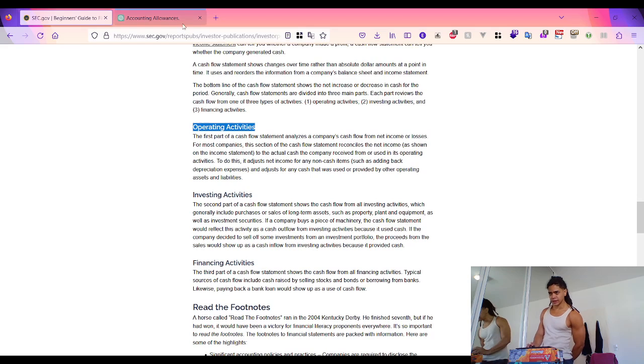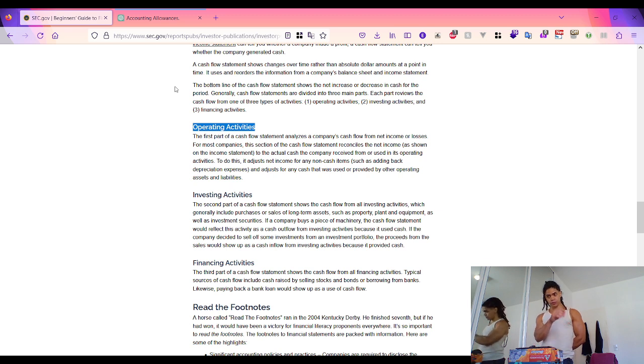Okay, so operating activities. The first part of the cash flow statement analyzes the company's cash flow from the net income, and most companies use this section to reconcile the net income from the income statements and the actual cash a company receives from or uses in its operating activities.